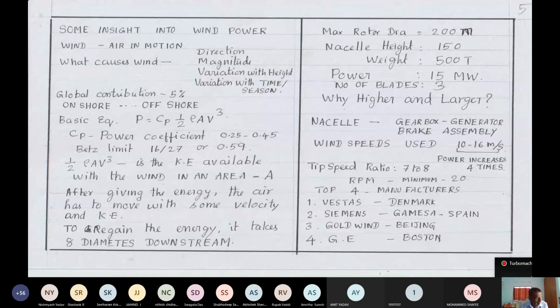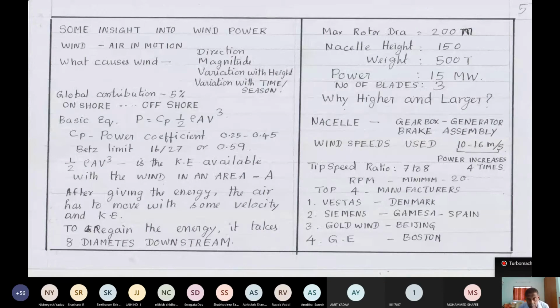From experience it is seen that, if initially the velocity is 10 meters per second, immediately afterwards it will reduce to about 6 or 5 meters per second.